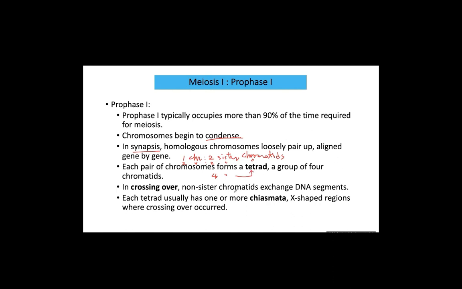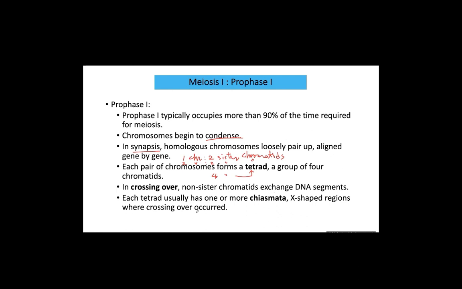In crossing over, between non-sister chromatids of a pair of homologous chromosomes, non-sister chromatids exchange DNA segments. So crossing over occurs between non-sister chromatids of a pair of homologous chromosomes.